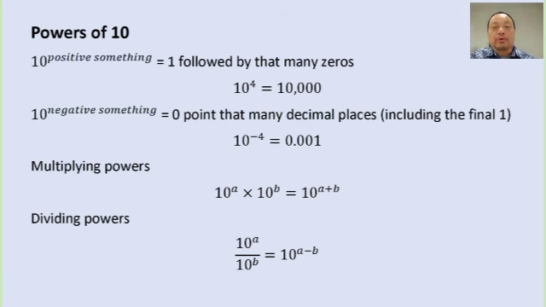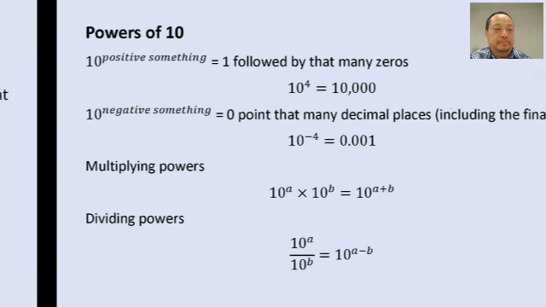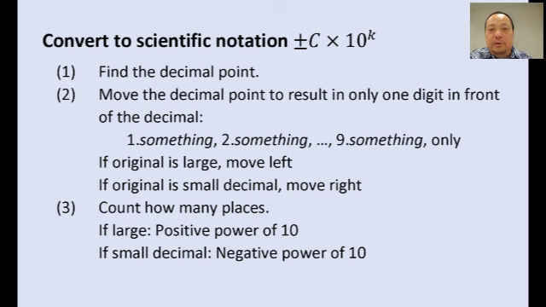All right, so let's summarize. These are the rules of powers of 10: positive powers of 10, negative powers of 10, and how you multiply and divide powers of 10. This is how to convert from the usual notation into scientific notation. I don't want to call the usual notation standard notation because in the UK, standard notation means scientific notation.